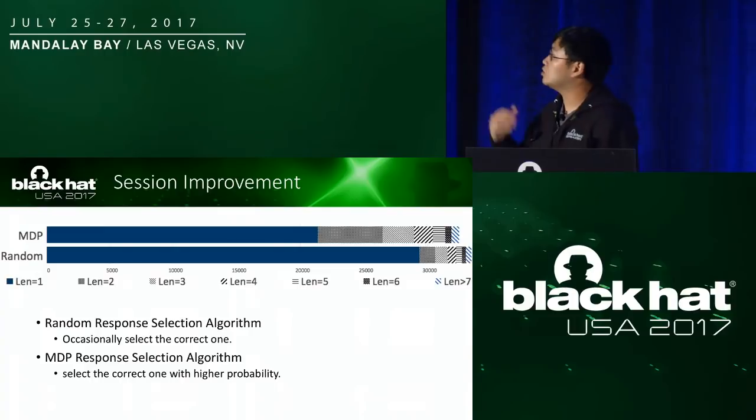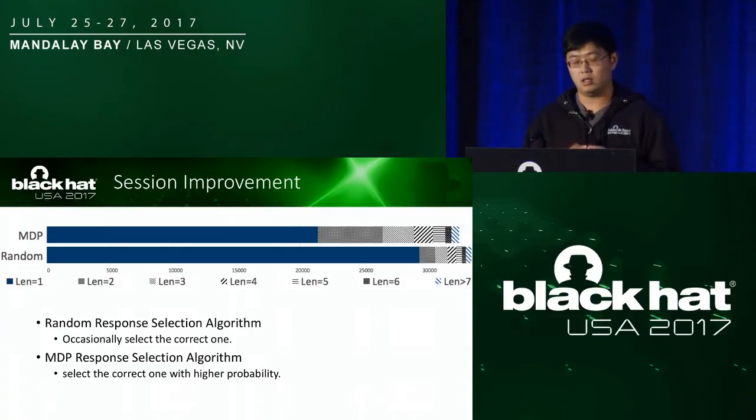These slides list some results of our improvements. Based on our current data set, as Tongbo has introduced, the total amount of data is still very small. But from this small data set, we can see improvement compared with random response selection.